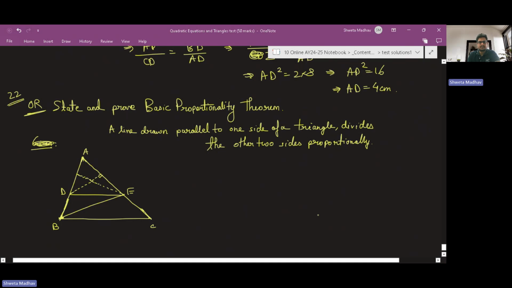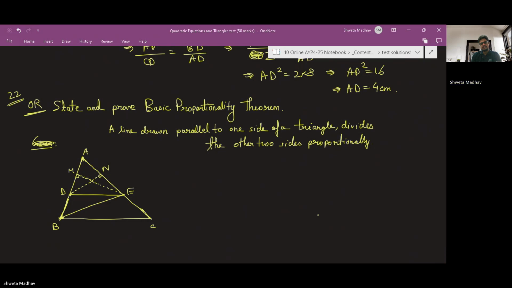Let's say these points are M and N. This one we will join.